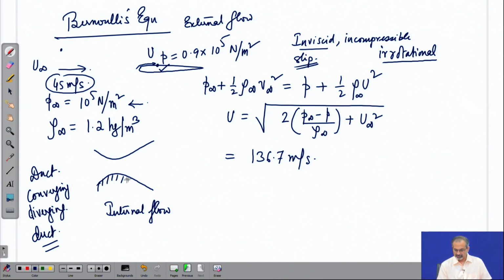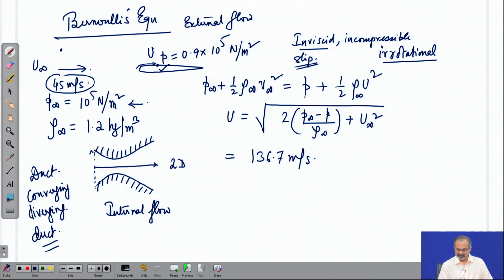Why so? Because this is the cross sectional view of the duct, and let us say we assume it to be a two dimensional one. That means, along the depth there is no change in geometry. So, you can imagine that at this section the cross sectional area is what?